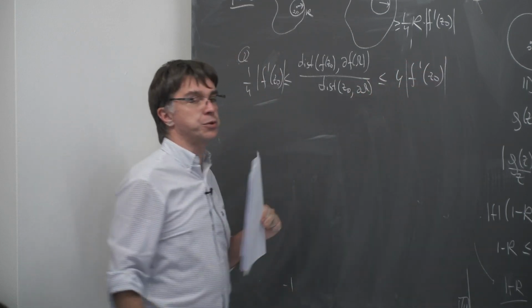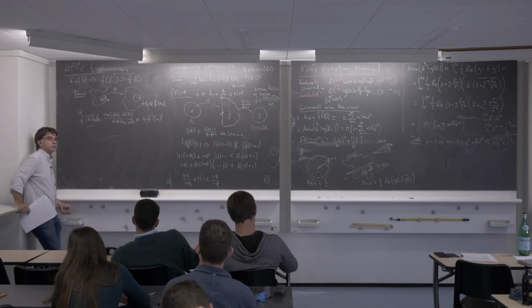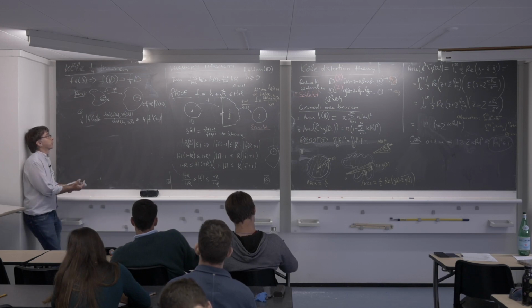So distances to the boundary are changed by at most a factor of 4. It can drop by a factor of 4, it can increase by a factor of 4.